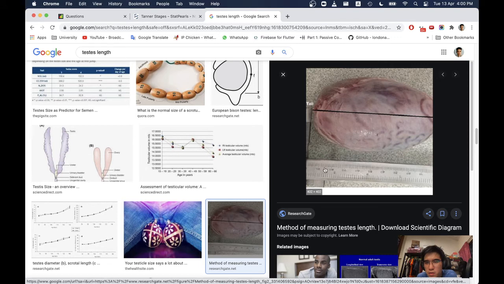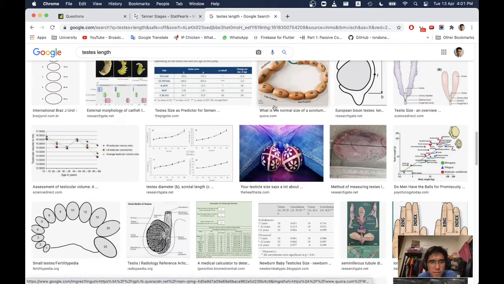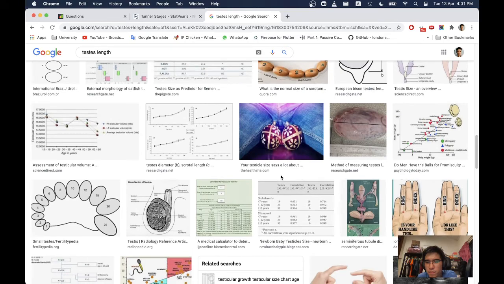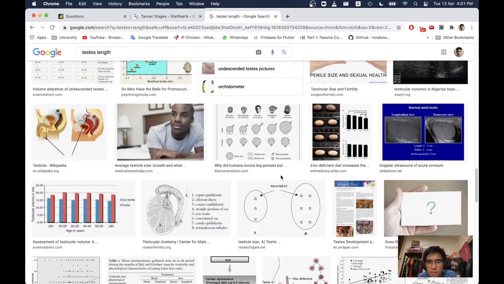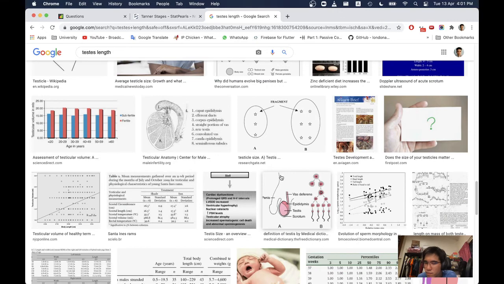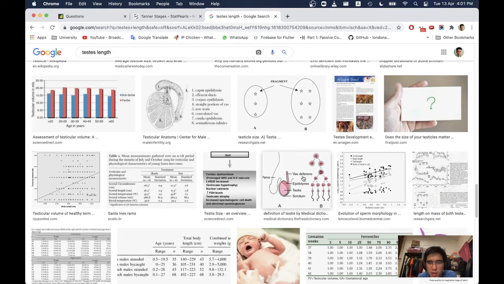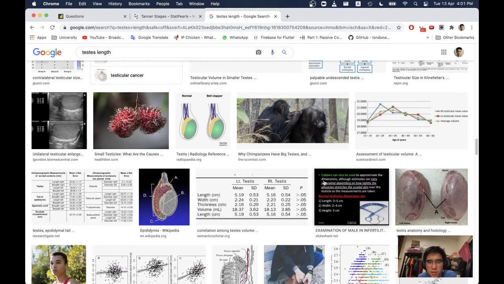How long is this? Is this in cm or what? Oh, very long, huh? Okay. I underestimated the size of testes.